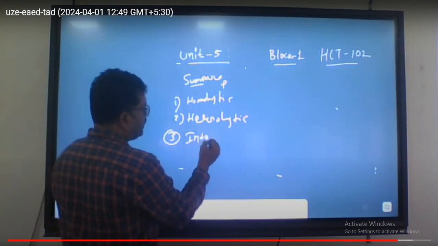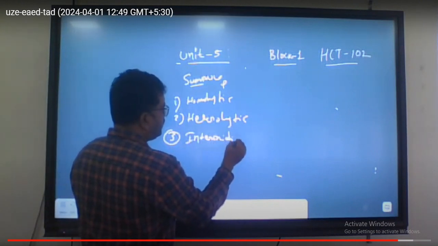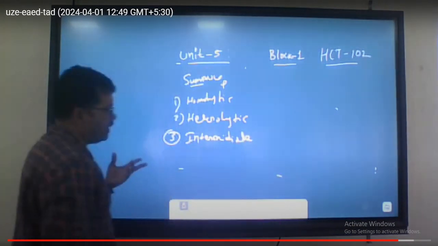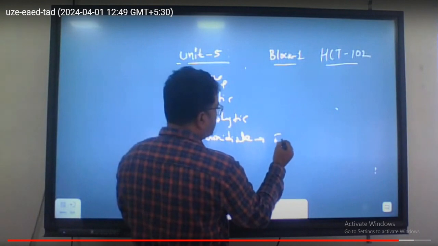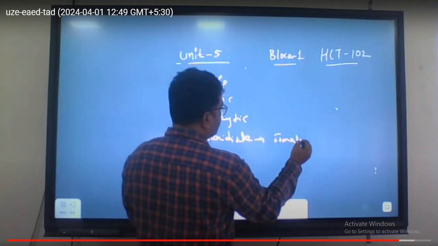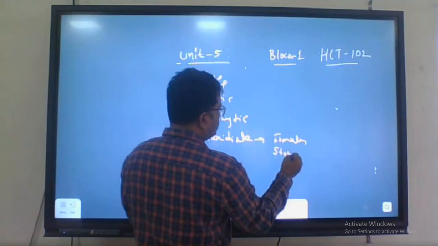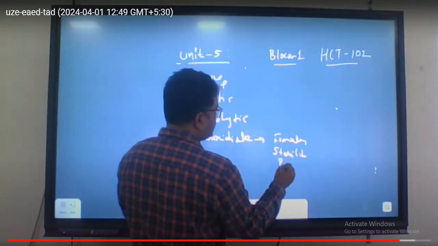Formation of the intermediate, how it is generated, its stability, and the reactions.